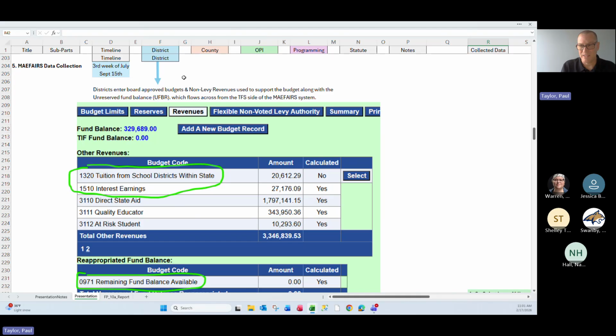A TFS is information about the financial position of the school district, which is a legal entity, and therefore it's required to provide this on an annual basis. Statute also backs this up.